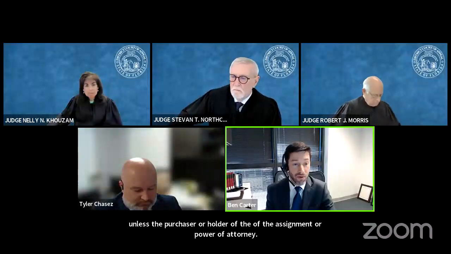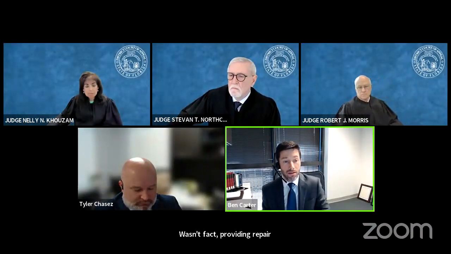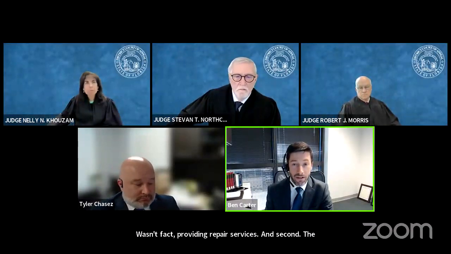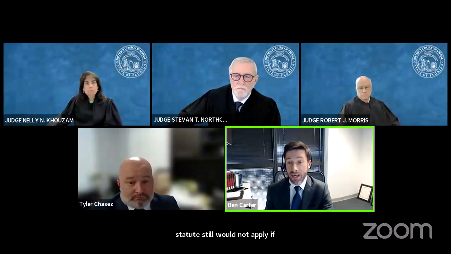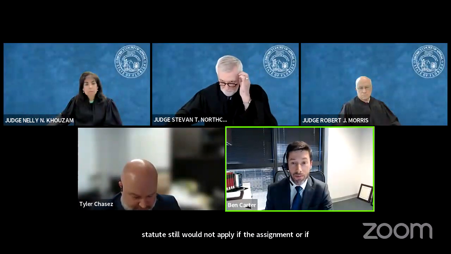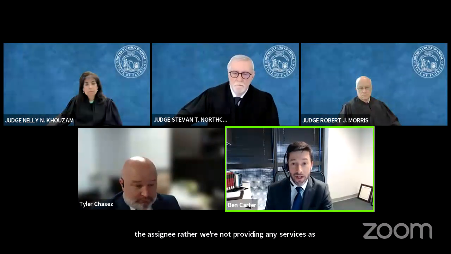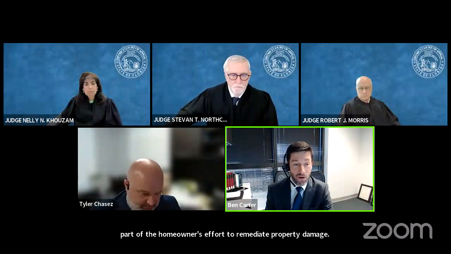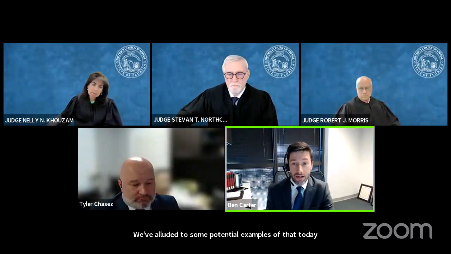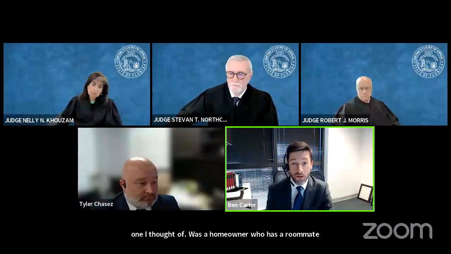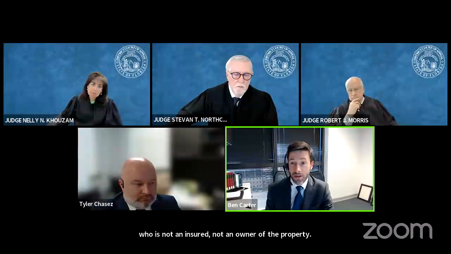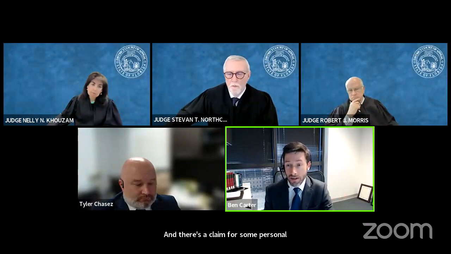fact providing repair services. And second, the statute still would not apply if the assignee were not providing any services as part of the homeowner's effort to remediate property damage. We've alluded to some potential examples of that today. One I thought of was a homeowner who has a roommate who is not an insured, not an owner of the property, and there's a claim for some personal property damages, part of which belongs to the roommate.